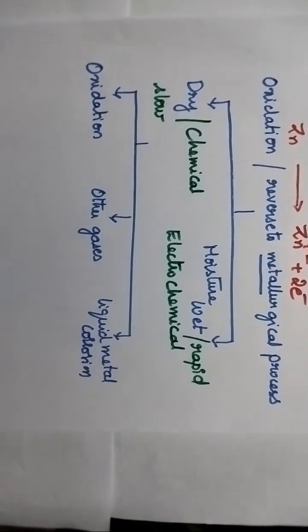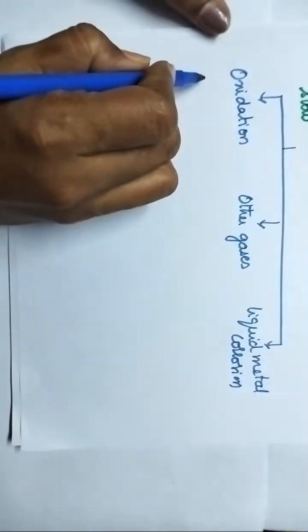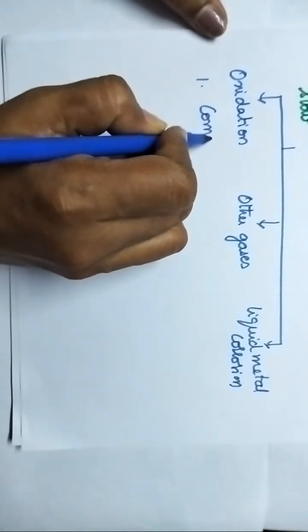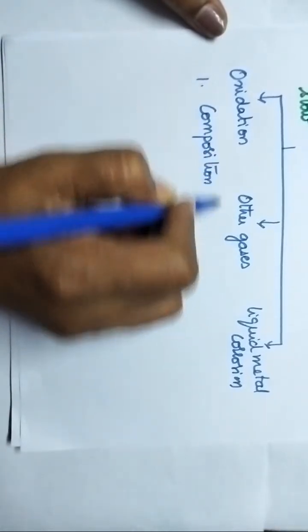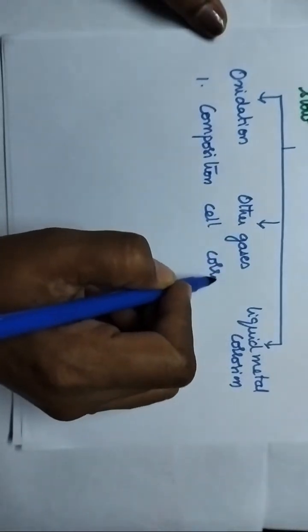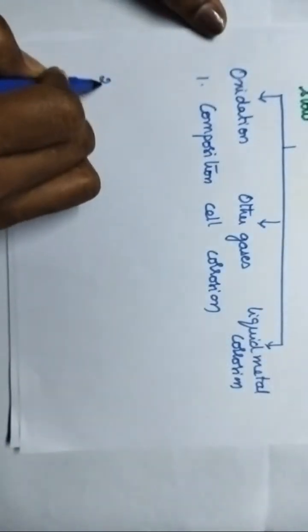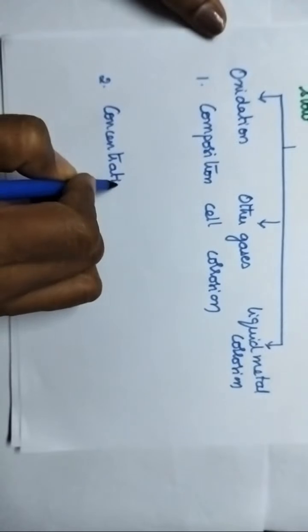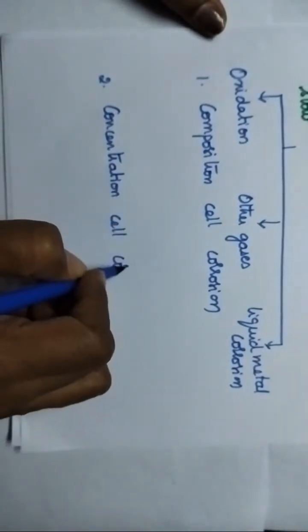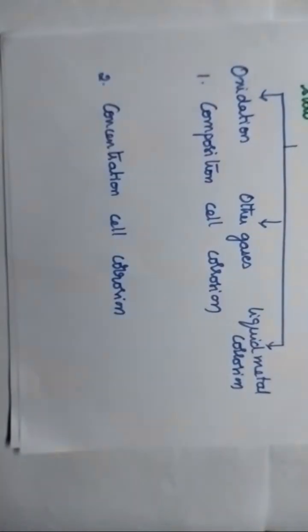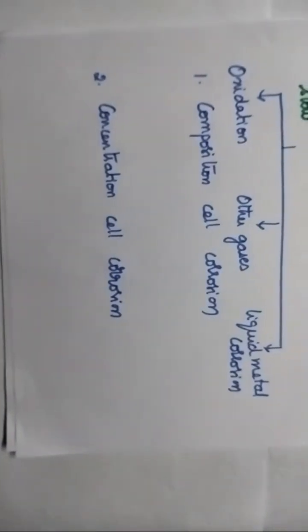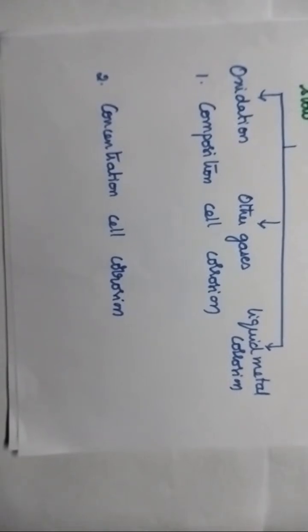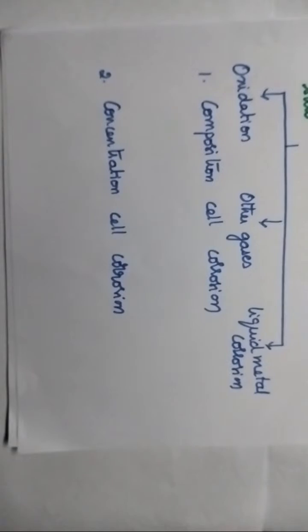Coming to the electrochemical corrosion, broadly it can be classified into two types, namely composition cell corrosion and concentration cell corrosion. So, wet corrosion can be classified into two types. First one is composition cell corrosion and the other one is concentration cell corrosion.